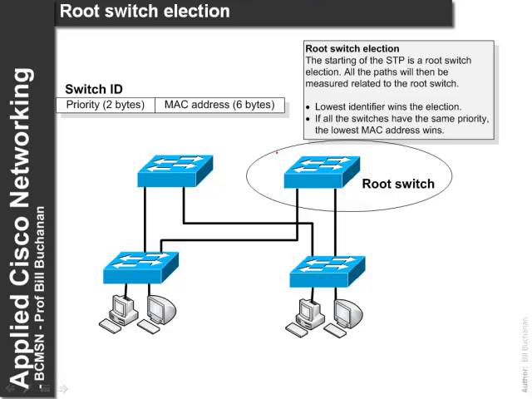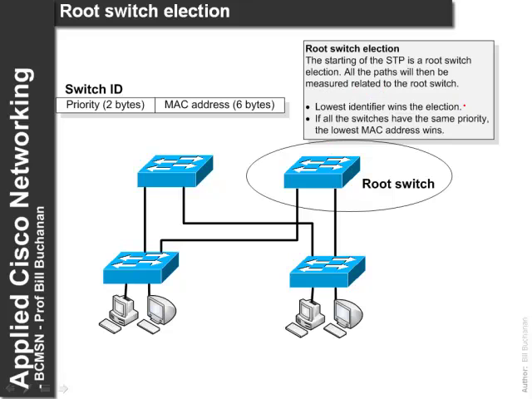Basically what we have is that we define for spanning tree an election process, and it's up to the election process to define the root switch, and there's this root switch in which the calculation is made on the optimal route.